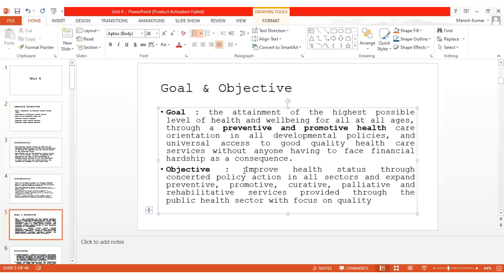So the objective is to provide good health services which include not only preventive and promotive, but curative, rehabilitative, and palliative care also. And these services have to be provided through the public health sector. This does not talk about the private health sector. So the government has taken the onus of providing quality services through government facilities.